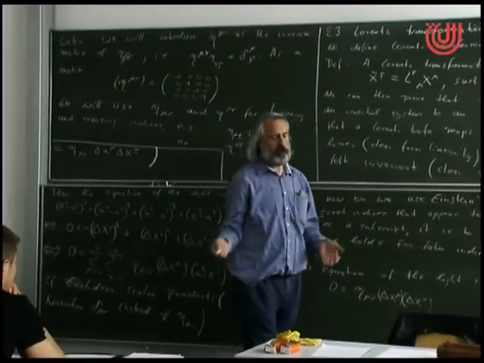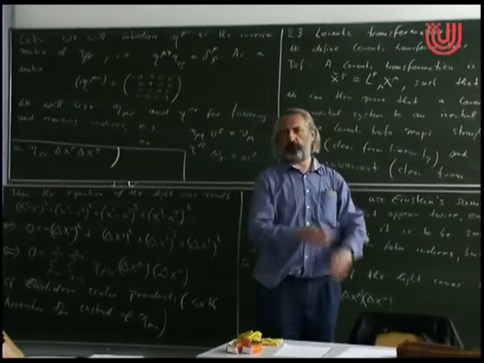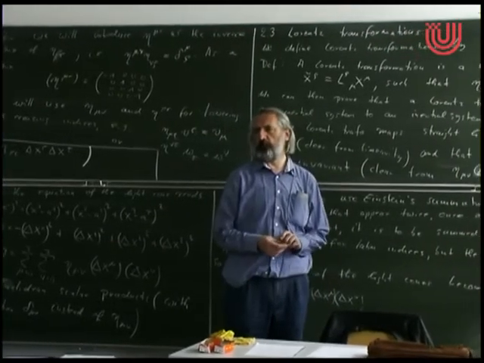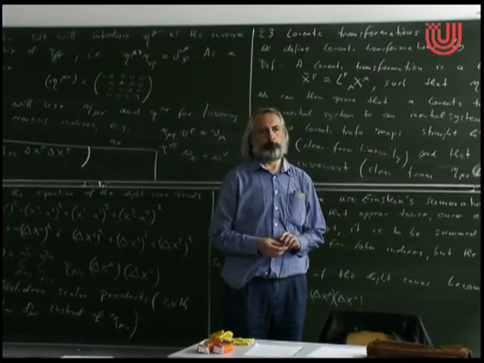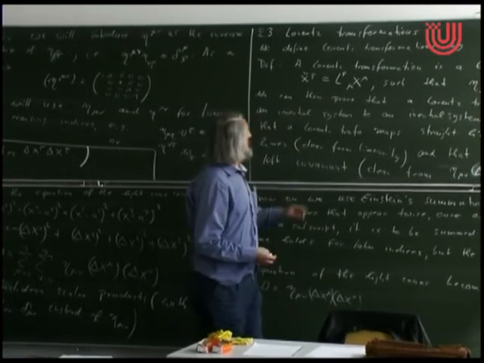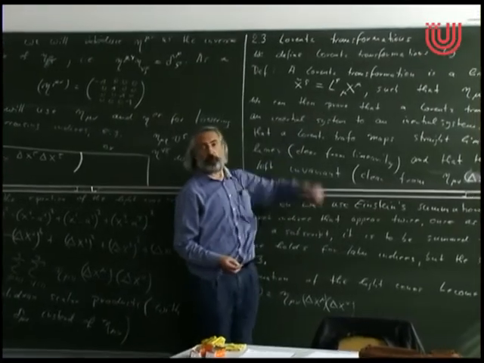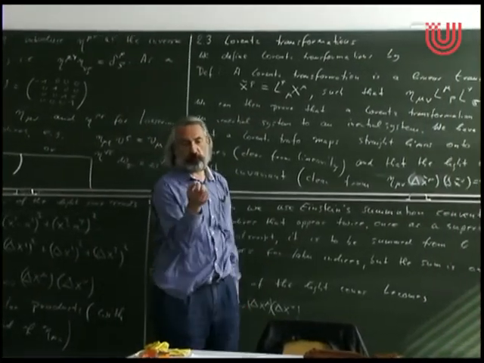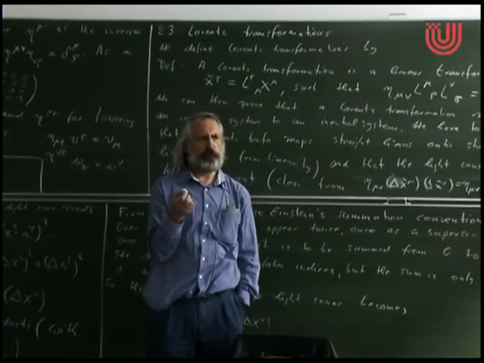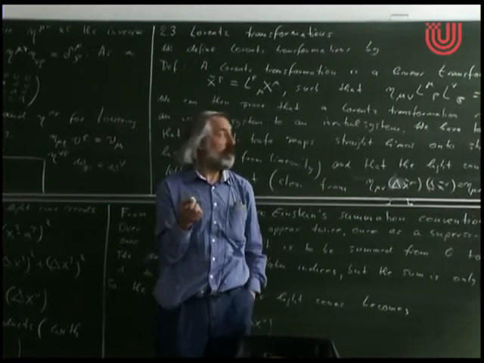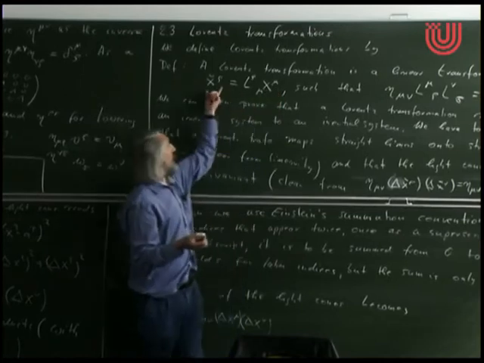So they map straight lines onto straight lines and leave the light cones invariant. These are the two conditions we have to check. Well, it's a linear transformation. Linear means in particular that it leaves the origin invariant. Is this necessary for such a transformation? Yeah, if this is 0, then this of course is also 0.